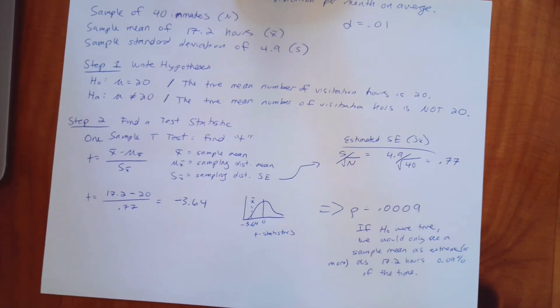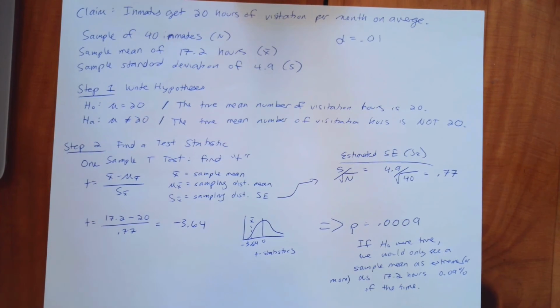In other words, if people in this prison were really being visited 20 hours per month, as the warden is claiming, it's really, really unlikely we would have gotten a sample mean as low as 17.2 hours in our sample of people.